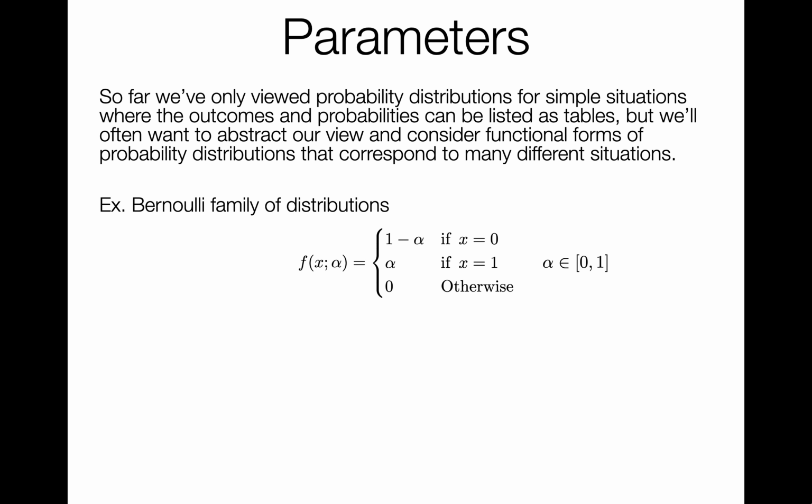As an example of what I'm talking about, remember the Bernoulli distribution, or a Bernoulli random variable. For Bernoulli random variables, there's an associated probability distribution that goes along with that, called a Bernoulli probability distribution.